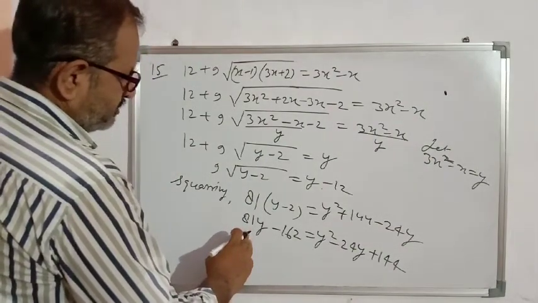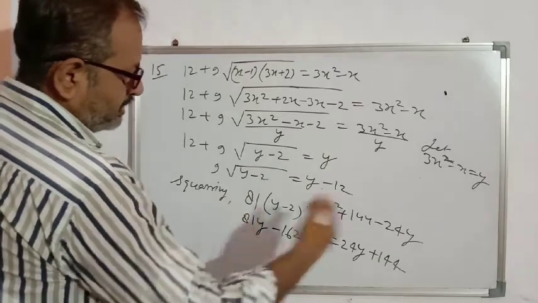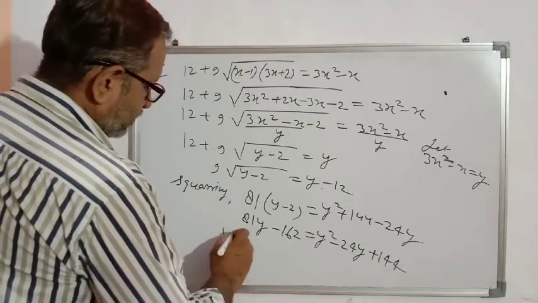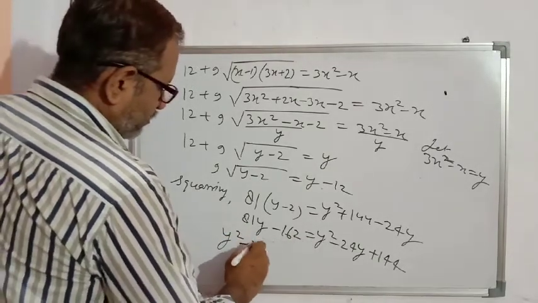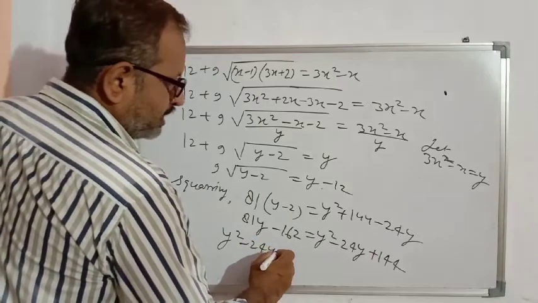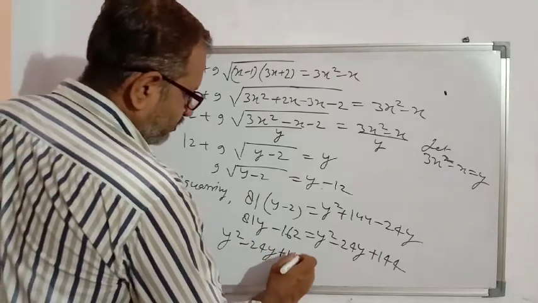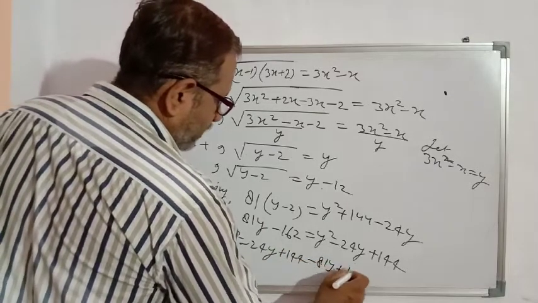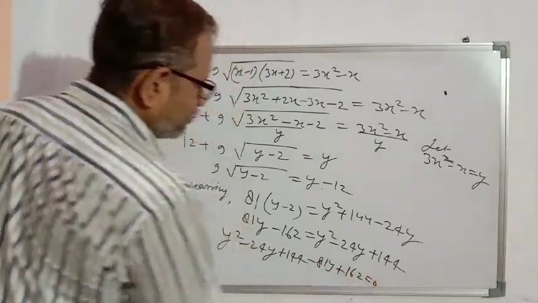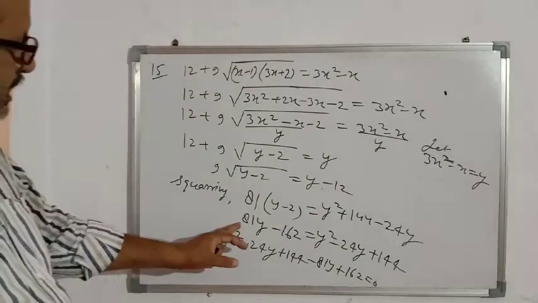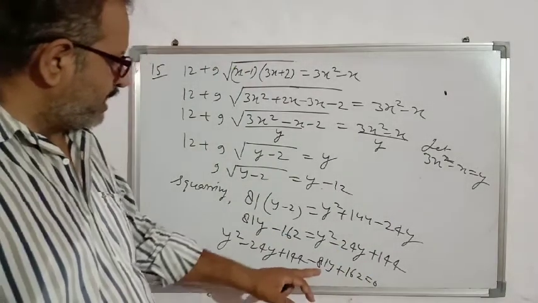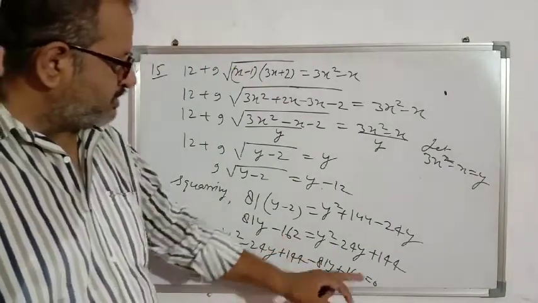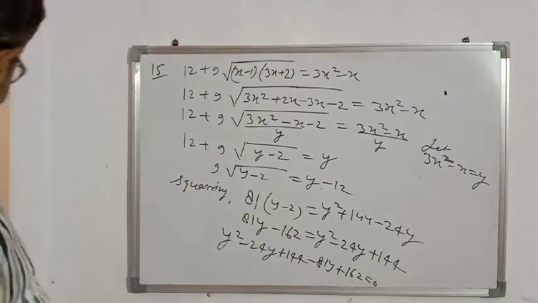Transpose the left side terms to the right side. y square minus 24y plus 144 minus 81y plus 162 is equal to 0.